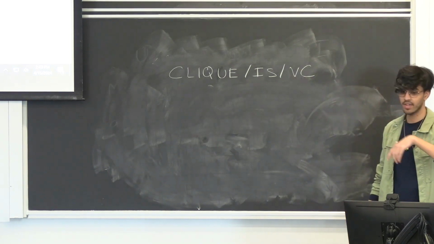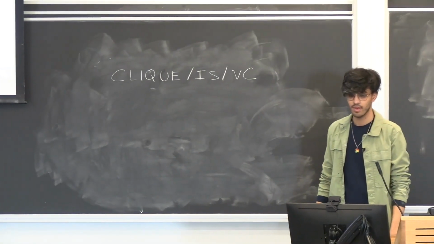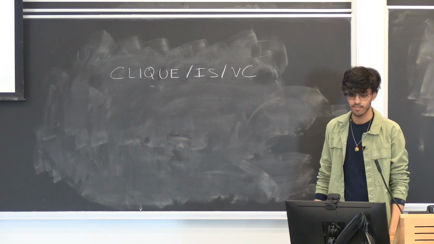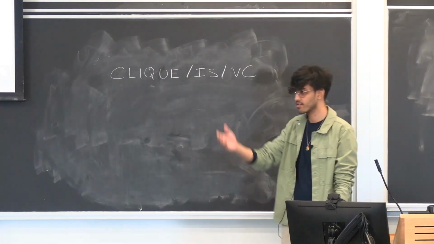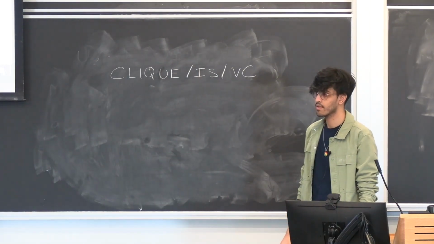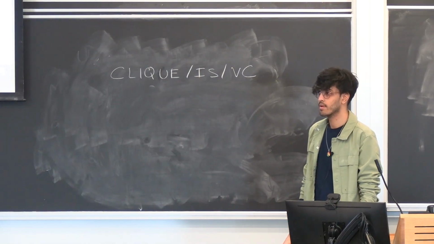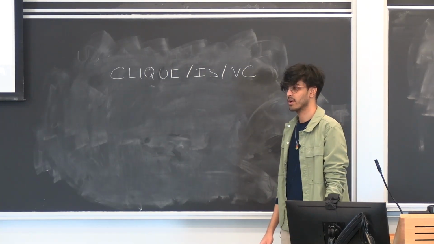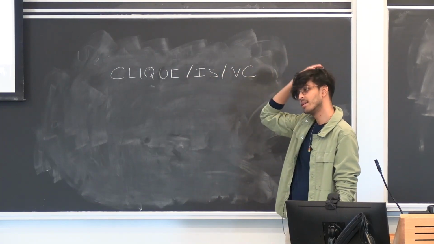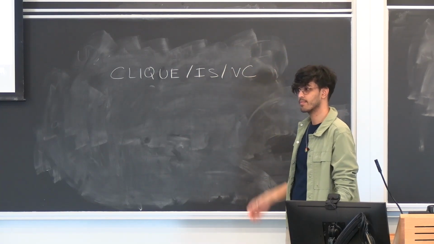Clique talks about having a bunch of edges, versus independent set talks about not having edges. Intuitively, vertex cover means choosing nodes so that you cover every edge. But in this one, we need to remove all the cycles. But keep going.